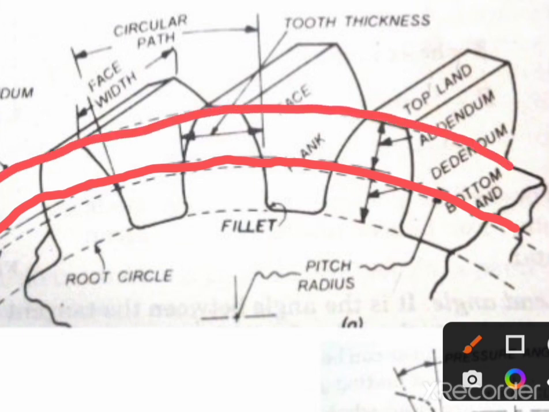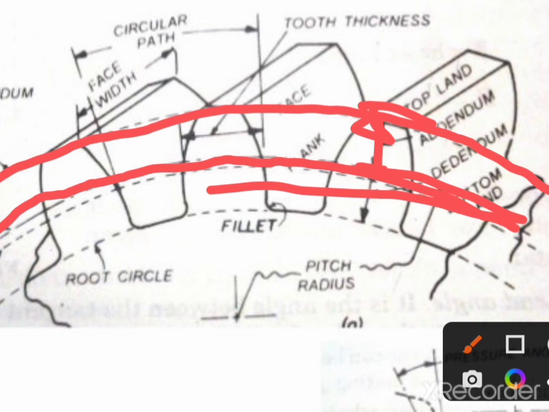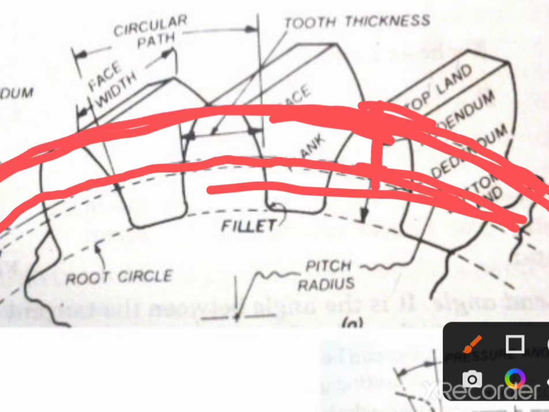Then this is the addendum. So what is addendum? It is the radial height of tooth from the pitch circle to the tip of the tooth. This is the pitch circle and this is the tip of tooth. It is the radial height between both.